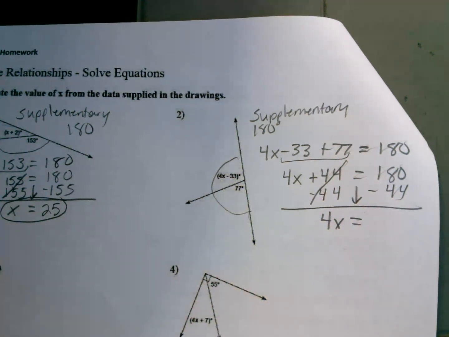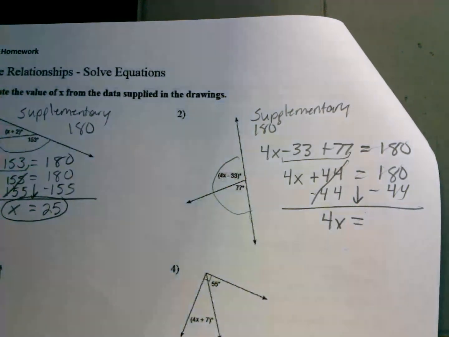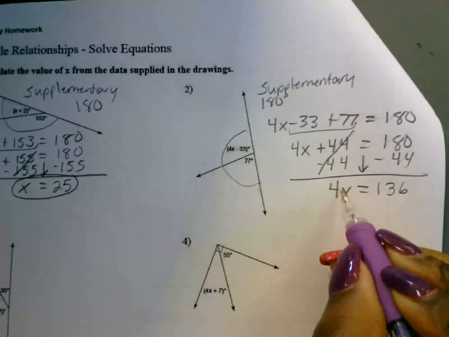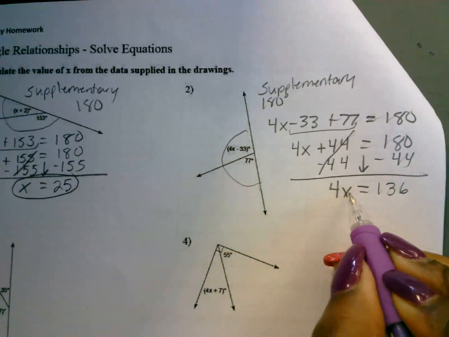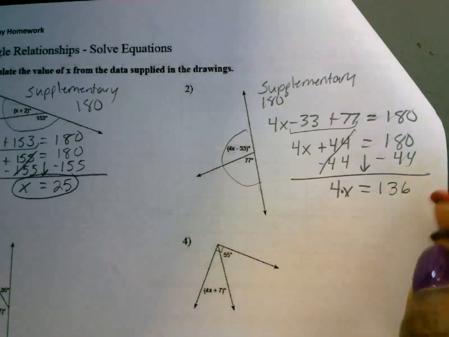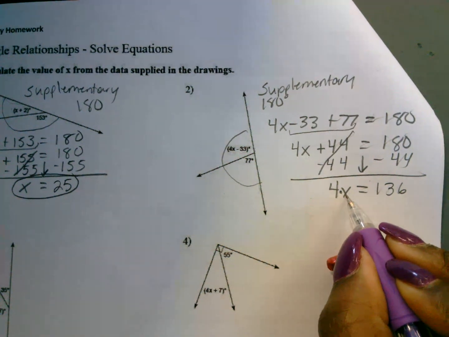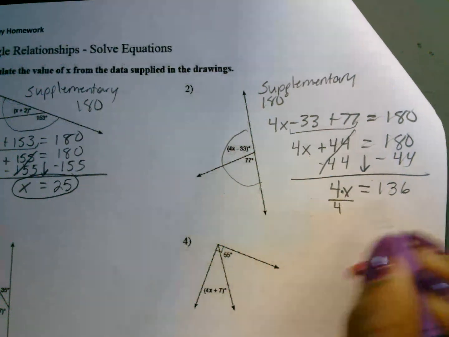Now I have the 180 minus the 44, and that's going to give me 136. The operation that's automatically between 4 and x is multiplication. The inverse or opposite of multiplication is division. So in order to get x by itself, we've got to divide by 4 on both sides.